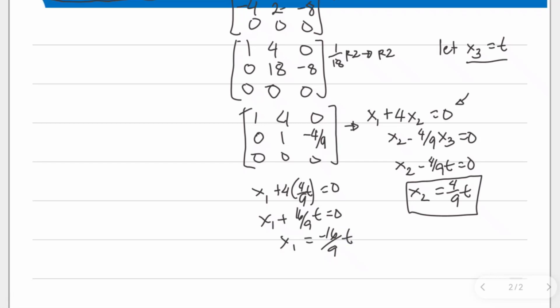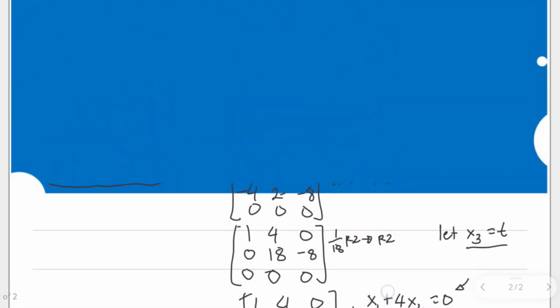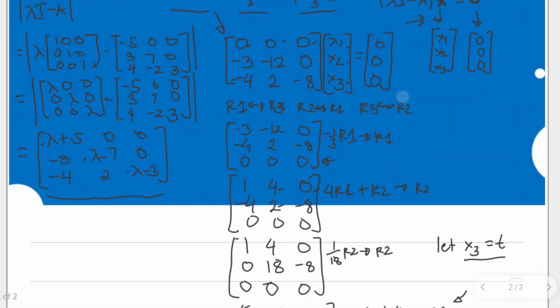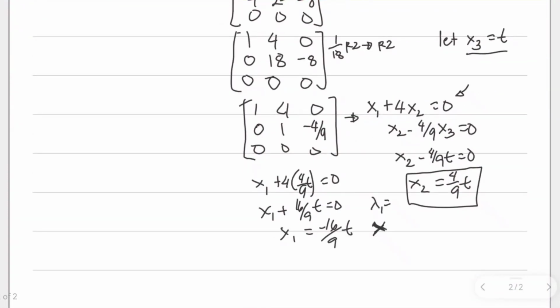In short, the eigenvector when our eigenvalue is, what was the eigenvalue here? Negative 5. Okay. Negative 5 is equal to this notation. You have negative 16/9 t, 4/9 of t, and you have here your t. Okay. Let's make this better.